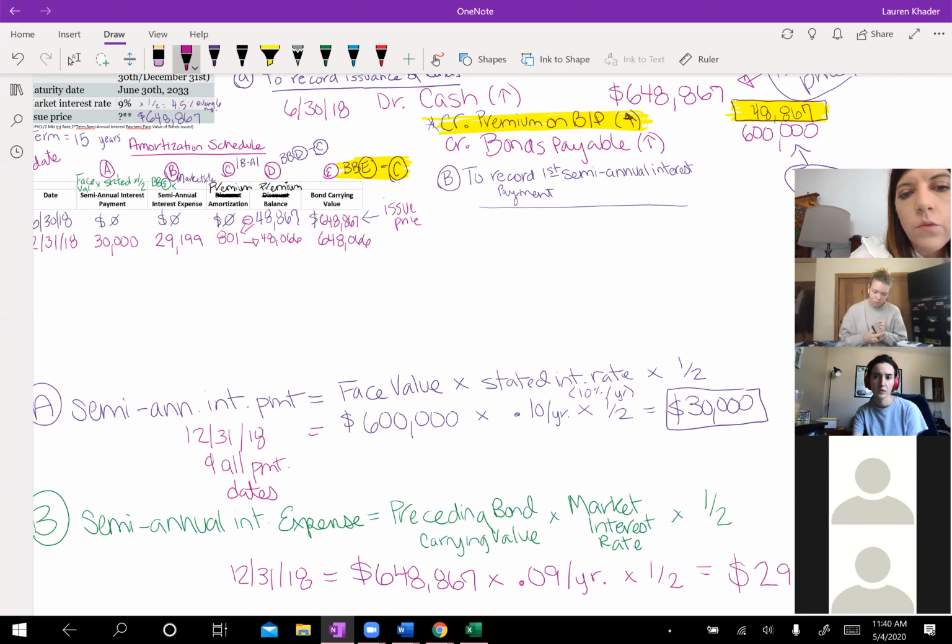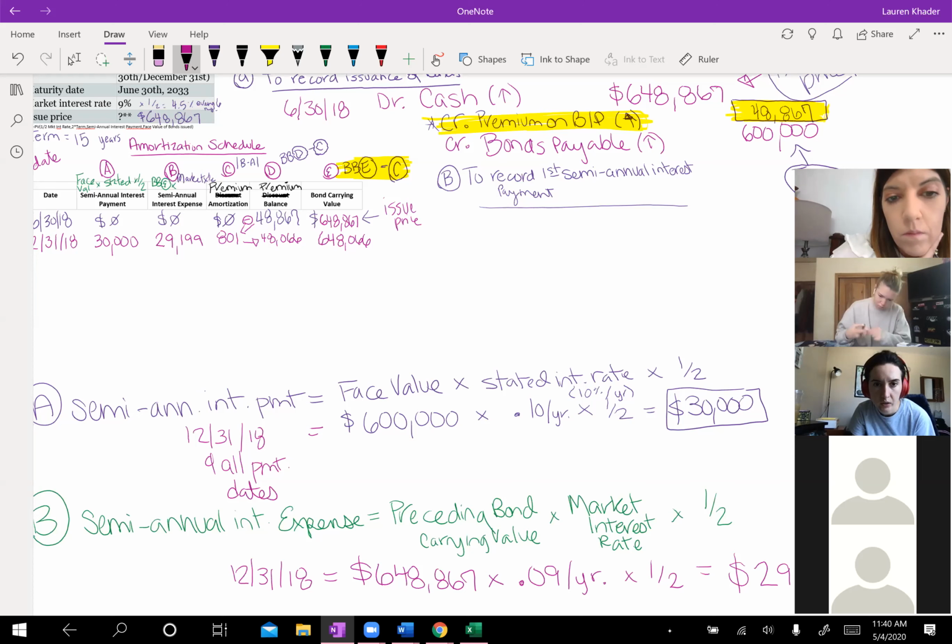So if I take 648,066 minus that premium balance, 48,066, what does that equal? 0. 648 minus 48. $648,066 minus the 48,000 equals 600,000, the issue price. It's just a check.